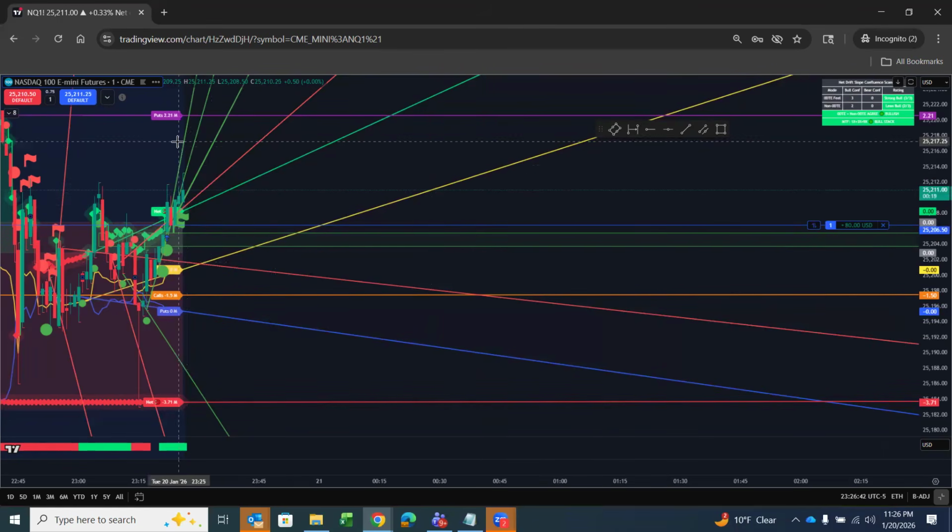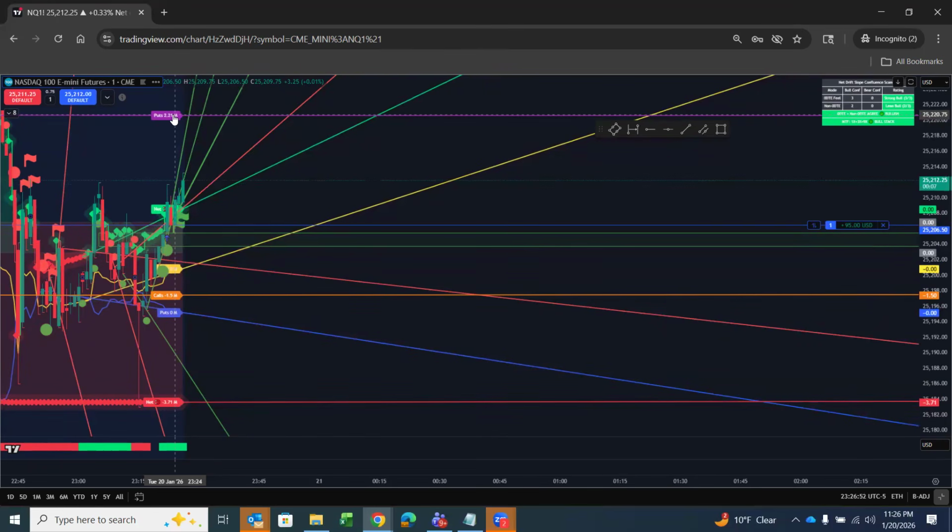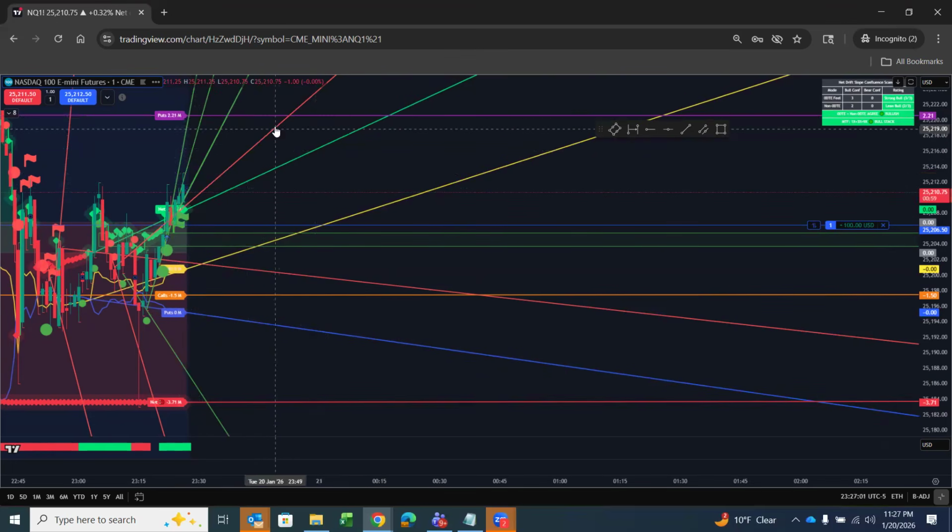This purple line is slightly angling, well, it looks horizontal. So it's not acting as resistance or as a magnet right now. It will allow price to touch it right now. But it should act as resistance once price touches it.